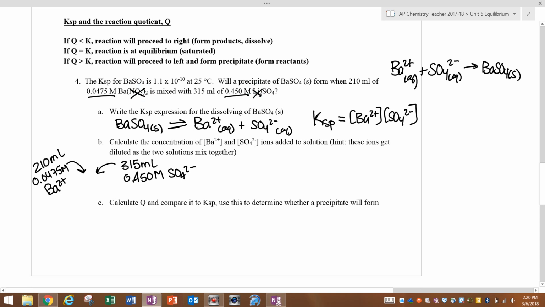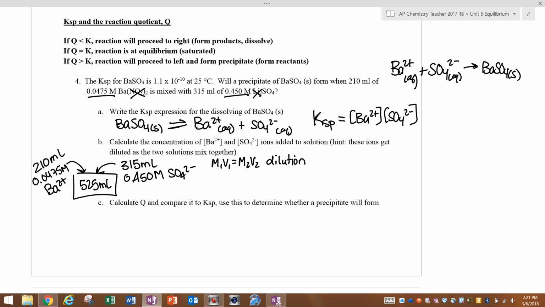So to find the true molarities of barium and sulfate, I need to figure out their new, diluted molarities. I mix these together, and my total volume is actually 525 mL. To figure out the molarity when I dilute something, I'm going to use my dilution equation, which is M1V1 equals M2V2. I have to do that both for barium and for sulfate.